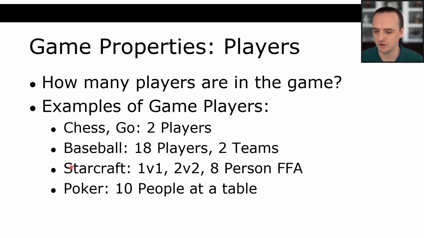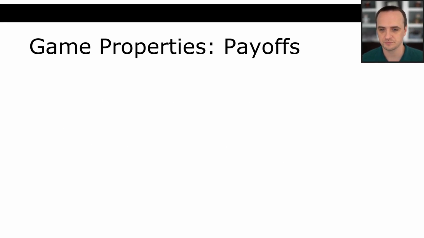In StarCraft, for example, we might be playing 1 versus 1, 2 versus 2, or actually like a free-for-all where everyone is just trying to survive. In something like poker, we could have 10 different people at the table all trying to win each other's money. So games can have different amounts of players just like they can have other properties as well.